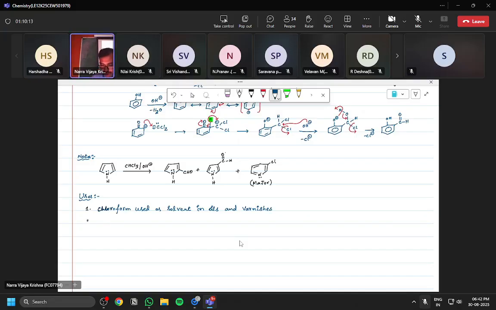As a laboratory reagent, as a preservative, and in production of freons.